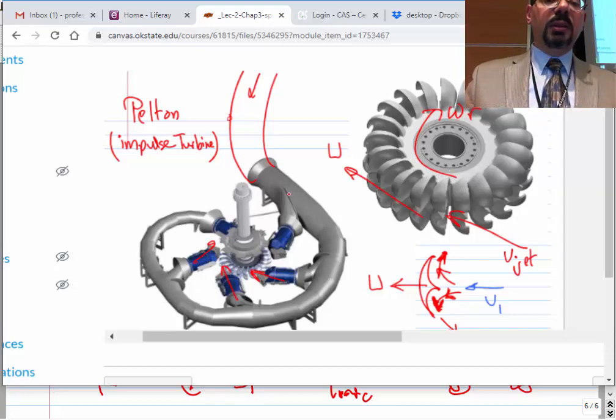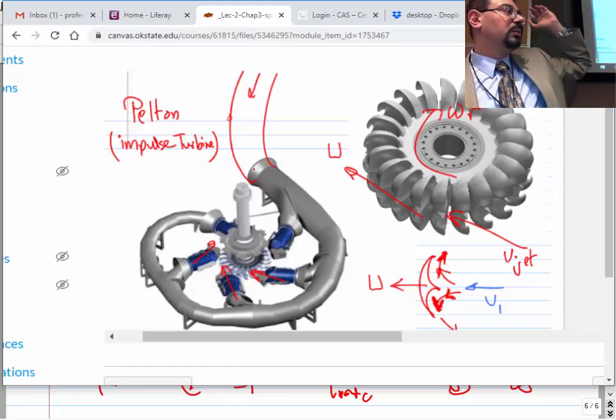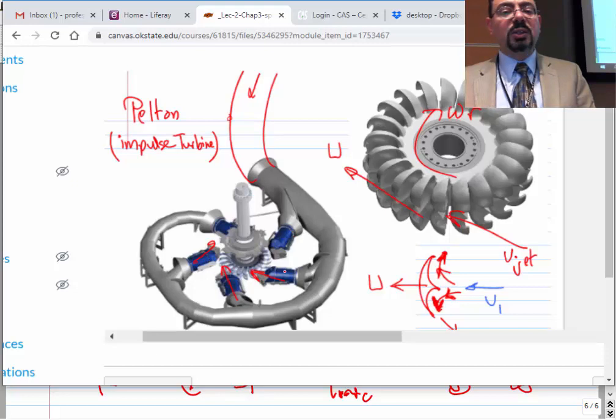So there's high pressure over here in the pipe. Why? Because I have 100 meters of water behind me pushing me. And so once the water leaves that hose and it's in the open atmosphere, it's now basically atmospheric.